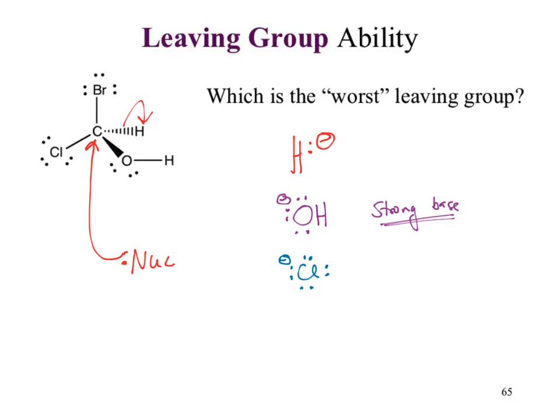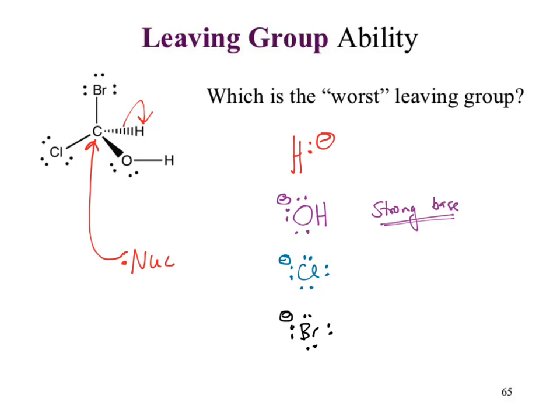Yeah. Why? Because it's big. It's going back to size. Chloride is very large, so it can stabilize that negative charge in comparison to the hydroxide, in comparison to the hydride. Right? Then what happens? We've got bromide, and bromide is even bigger, which makes it an even better leaving group.